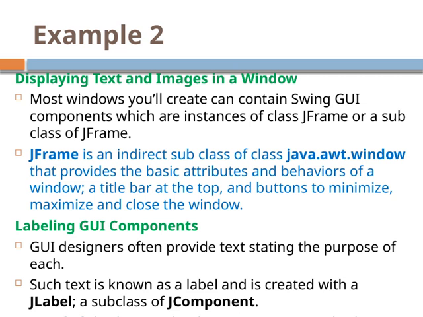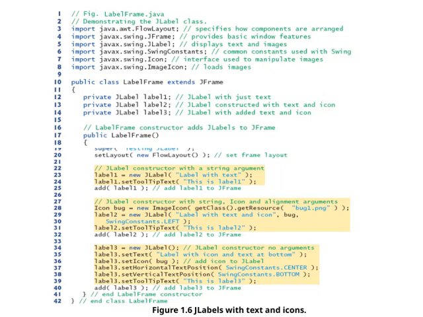Overall, understanding how to effectively use JFrame and JLabel is fundamental in building user-friendly interfaces. They form the foundation for creating windows that are not only functional, but also clear and visually organized for the user. Let's take a closer look at Figure 1.6, which shows JLabels with text and icons.